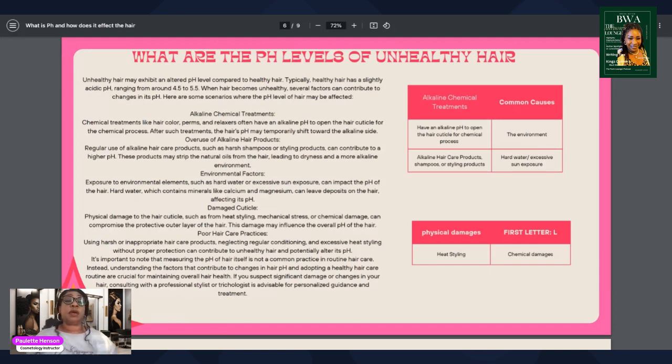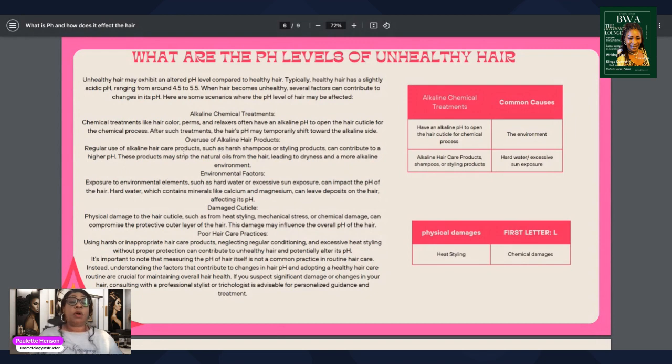Here are some scenarios where the pH level of hair may be affected. Alkaline chemical treatments: chemical treatments like hair color, perms, and relaxers often have an alkaline pH to open the hair cuticle for the chemical process. After such treatments, the hair's pH may temporarily shift toward the alkaline side.